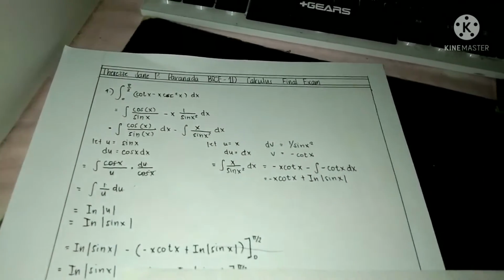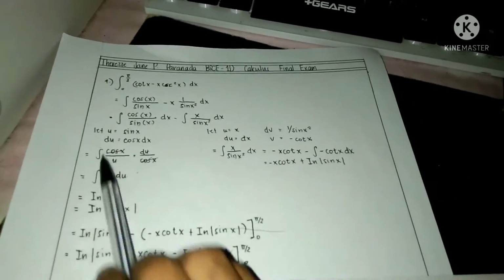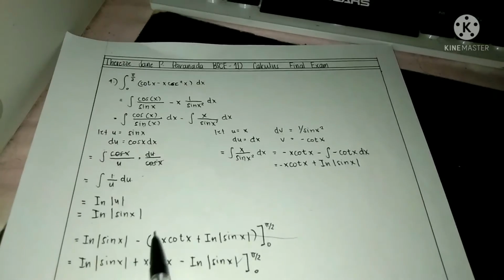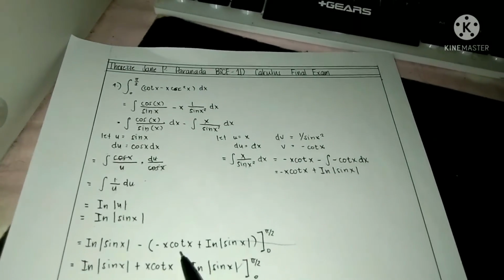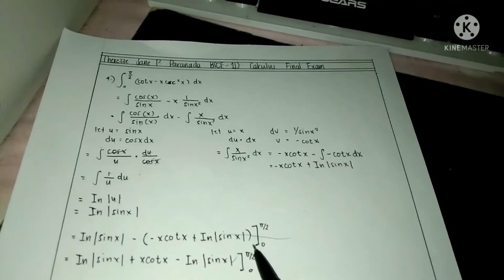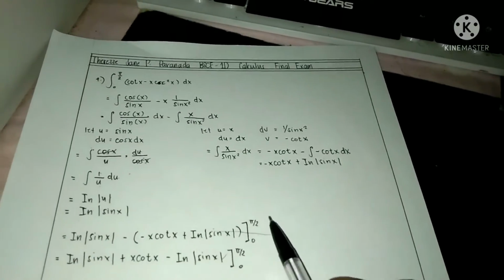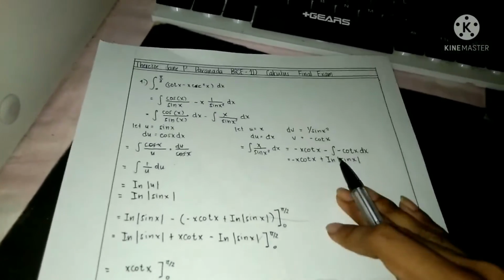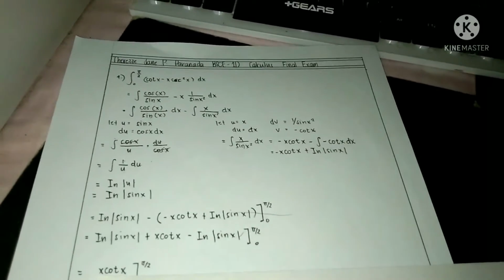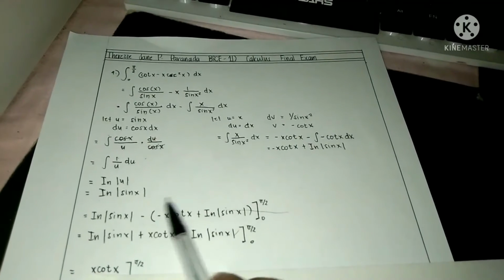So pagdugtungin lang natin yung nakuha nating integration ng dalawa. So, ito, ln sine x minus ito, negative x cotangent x plus ln sine x. Plus yung lower and upper limit natin. So i-distribute lang natin yung negative dito.